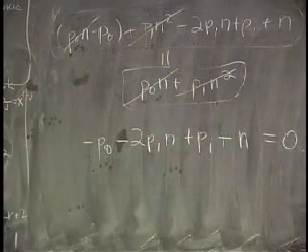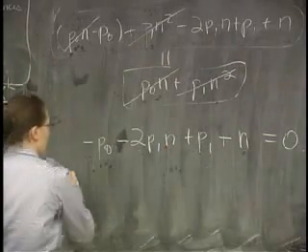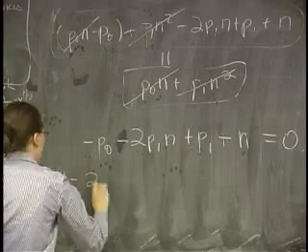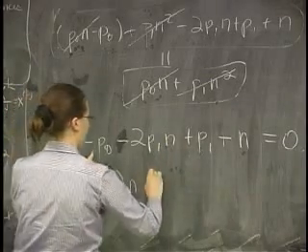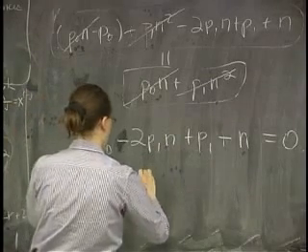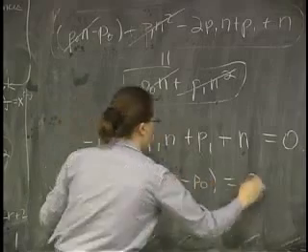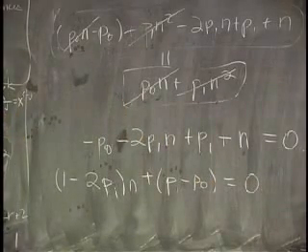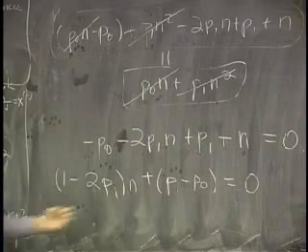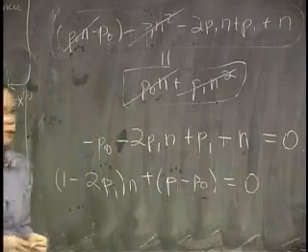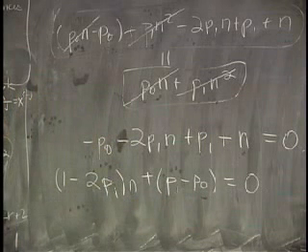Okay, so what I have now, when I do this all out, the constants on the ends are going to be 1 minus 2 p1 times n, plus p1 minus p0. This is supposed to be equal to 0. That has to be true for all n, and so what this means is that p1 minus p0 better be equal to 0, and 1 minus 2 p1 better be equal to 0 as well.